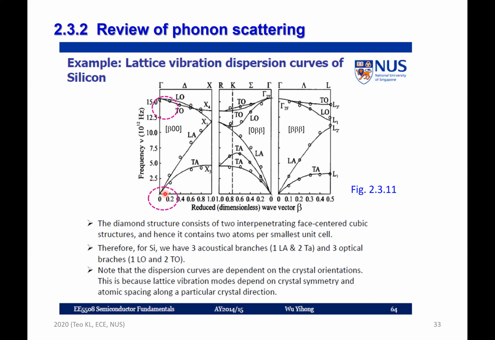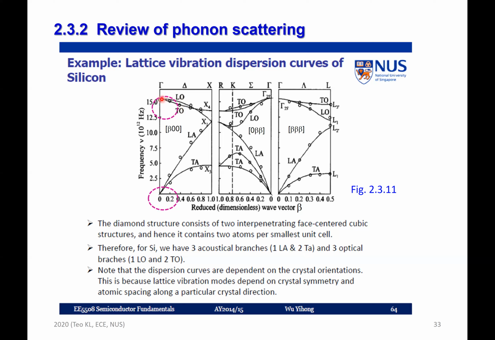If you look at the gamma point, this portion is more of the acoustic branch, longitudinal acoustic and transverse acoustic. Near beta equals 0, there is approximately a linear dependence on beta for the frequency. Near beta equals 0, you look at your longitudinal acoustic and transverse acoustic.